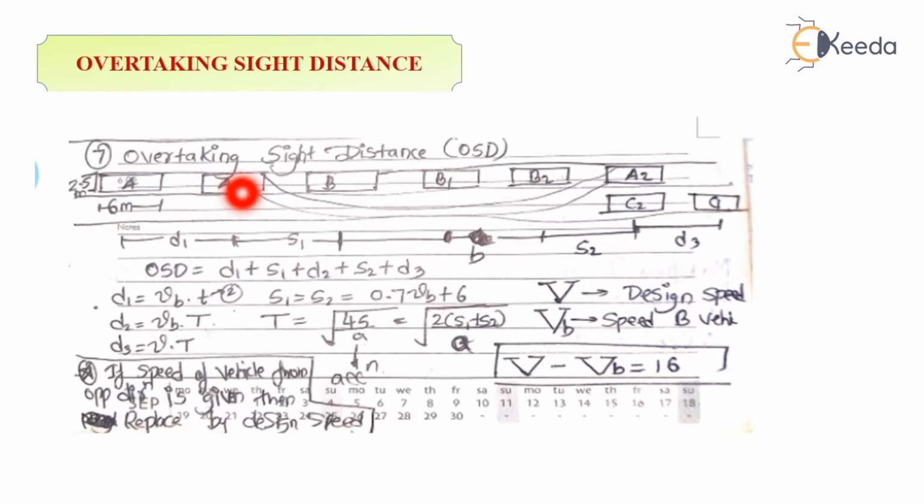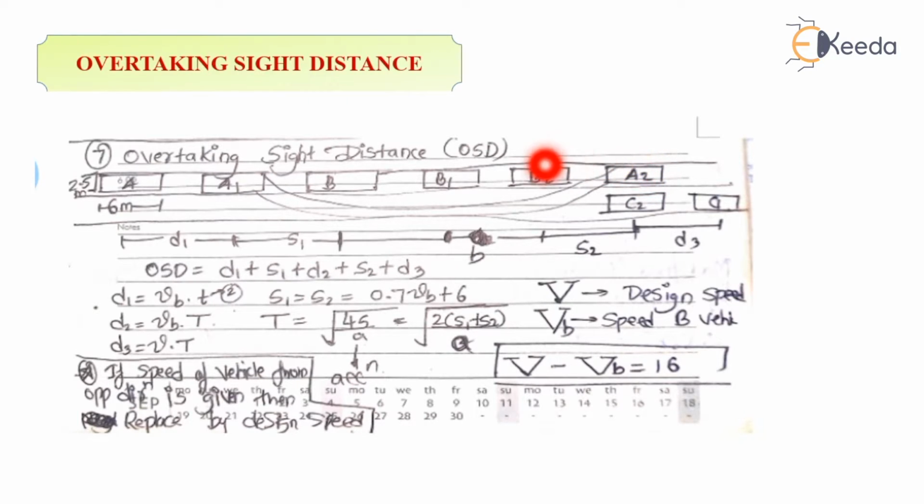and it is about to overtake, then it will accelerate, or it will increase the speed so that it will overtake vehicle B. So while the overtaking is done from here to this point, the position will be A2.